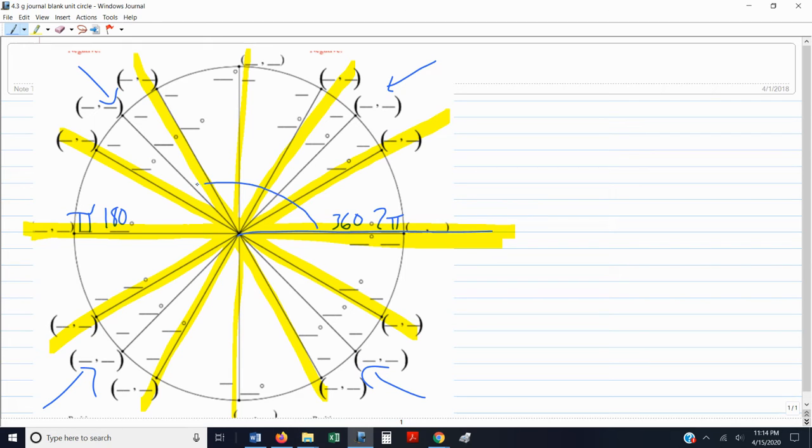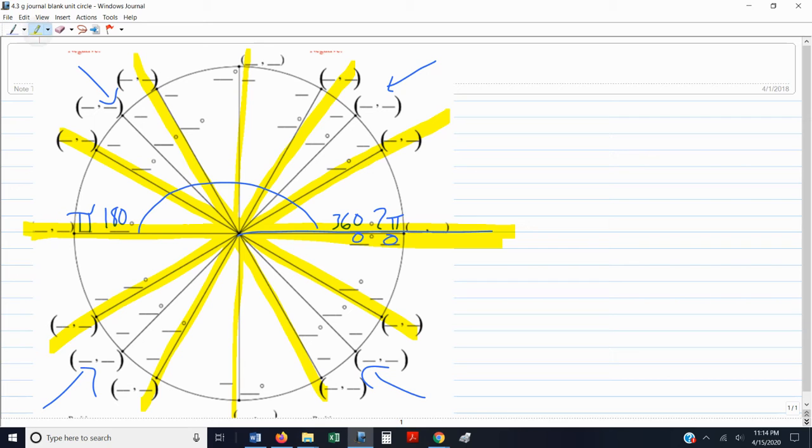So from here to pi, if you just look at that section and you look at the yellow highlights that I made and kind of think of this as a pizza, the question is, how many pizza slices do you see from 0 to 180 degrees, or 0 to pi radians?